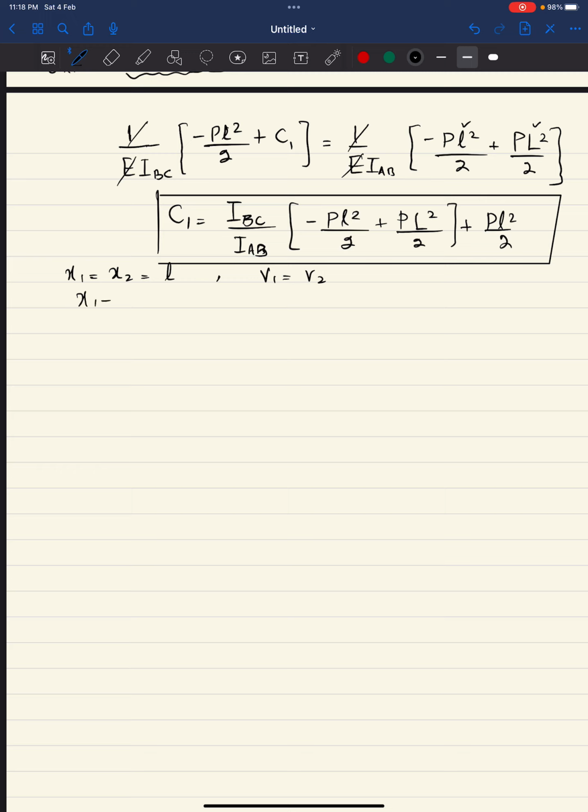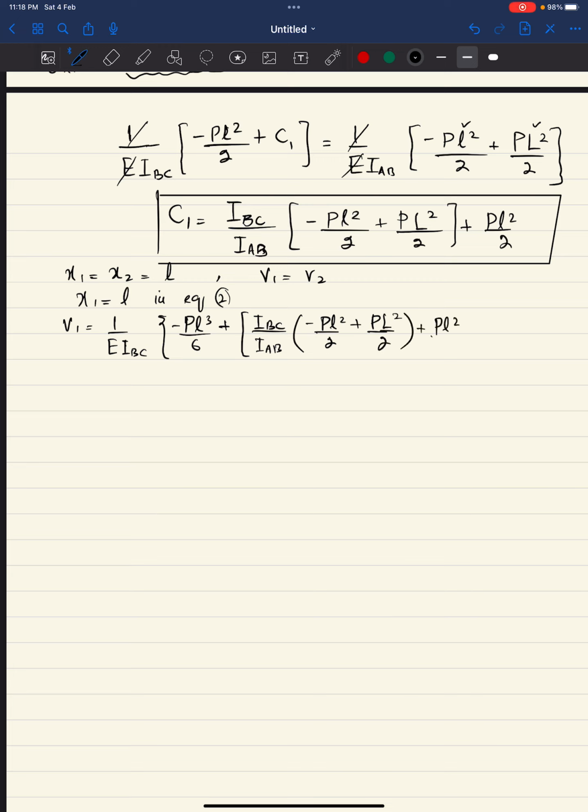If x1 is equal to small l in equation 2, we will get v1 is equal to 1 over EIBC into P l cube over 6 plus C1, which is IBC over IAB into minus P l square over 2 plus P L square over 2, plus PL square over 2 into x, which is L, plus C2. So this will be the first one.